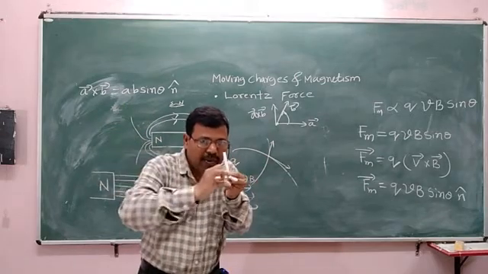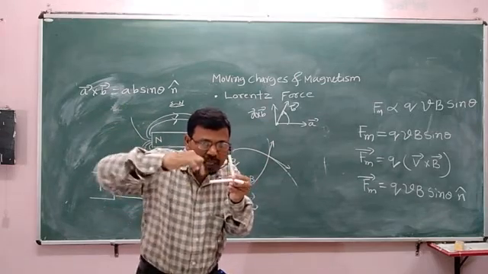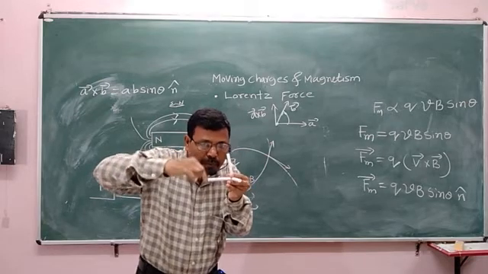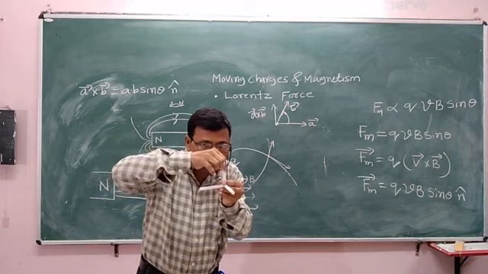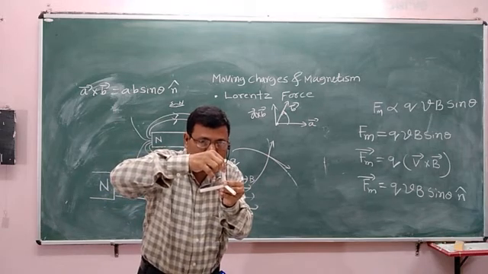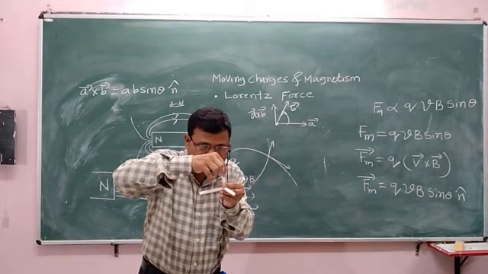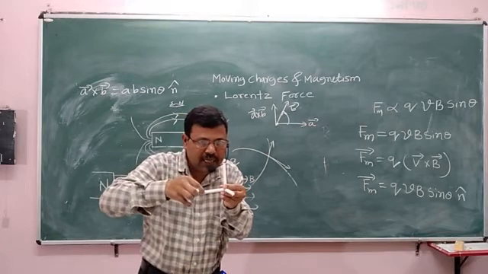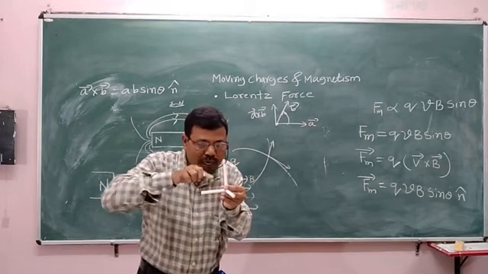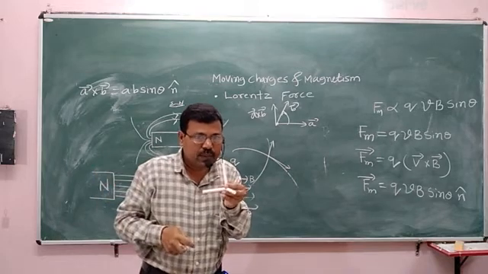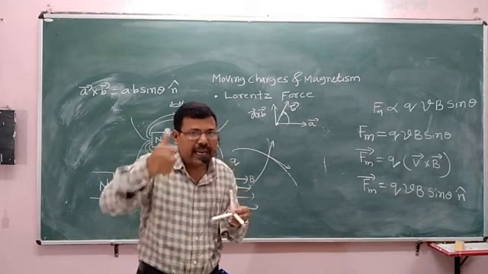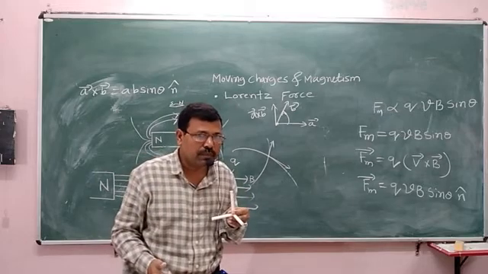Vector V and vector B are in the same plane, and perpendicular to this plane there is a force, or in other words, the force direction is perpendicular to the plane containing V and B. So this rule is known as right hand thumb rule. Fine.